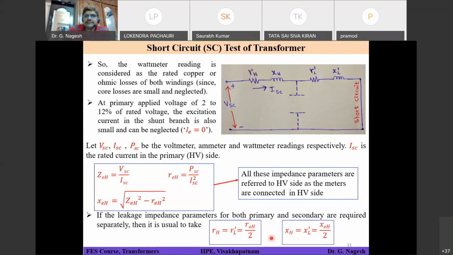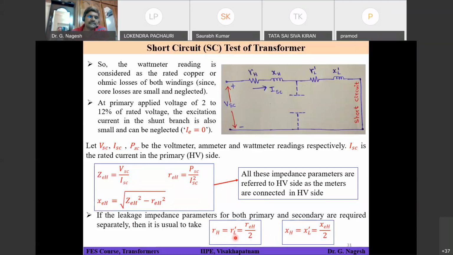Because this equivalent circuit shown on your screen is the equivalent circuit referred to HV side in the present case. So the total resistance REH divided by 2 will be equal to the resistance on the HV side, that is equal to the resistance referred to HV side from LV side, that is RL dash.